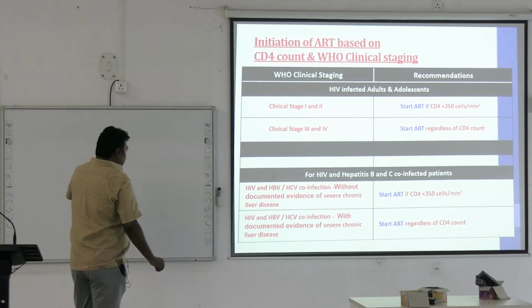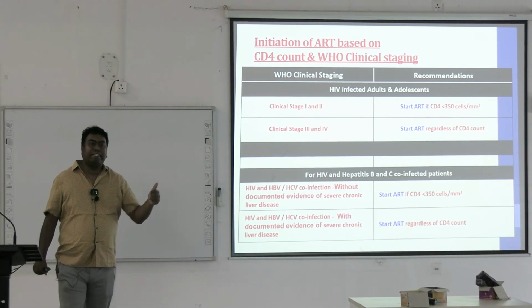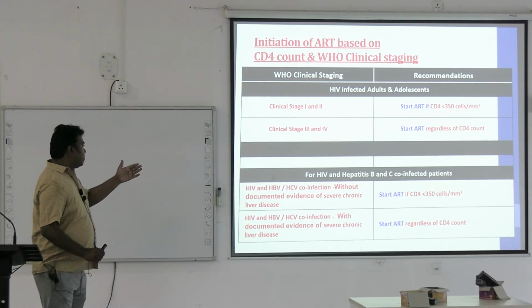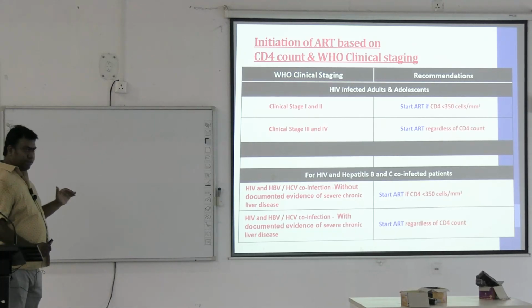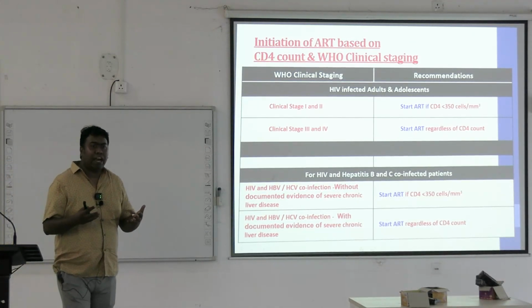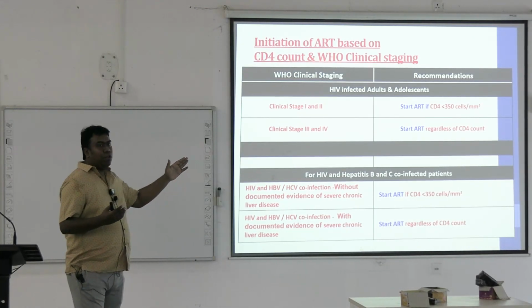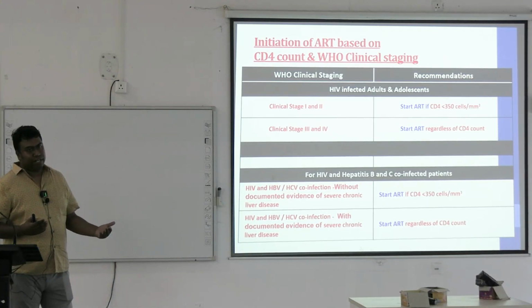Similarly, if an HIV patient is co-infected with hepatitis B or C virus, without any documented chronic liver disease, LFT is not deranged or we don't have a report of LFT, then we start only if the CD4 count is less than 350 or 400.